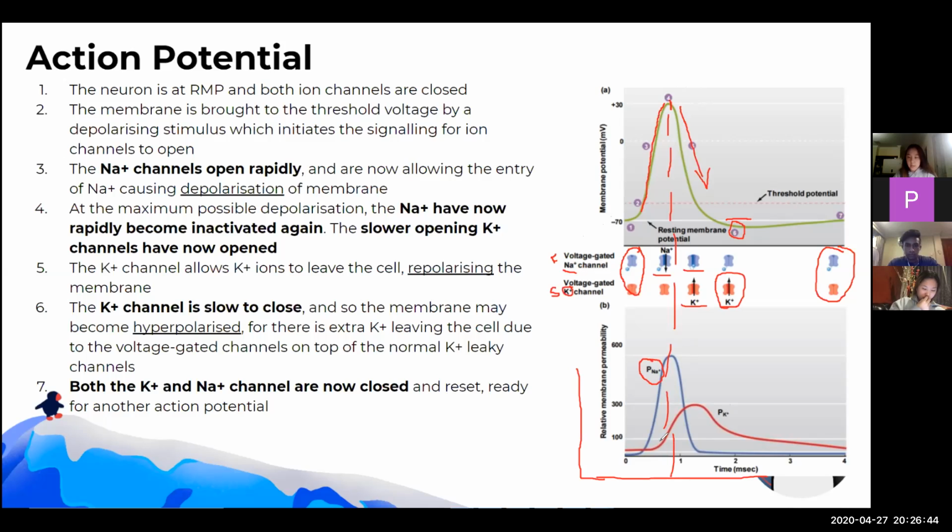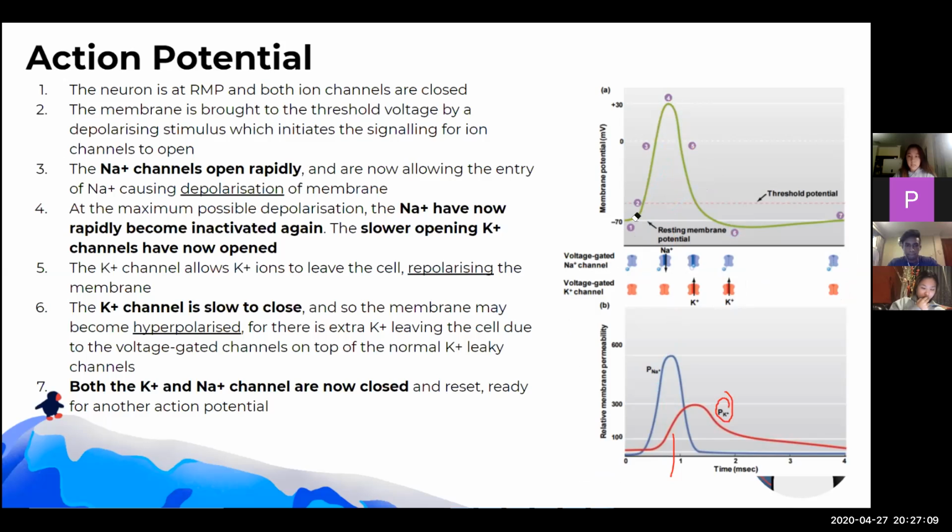Whereas if you look at the red line, which is for our potassium, it's got a bit of a lag compared to our sodium, and that's because our potassium voltage-gated channels open and close slowly. So one of the high yield things here is just to know the different states of the channels in relation to this diagram here.